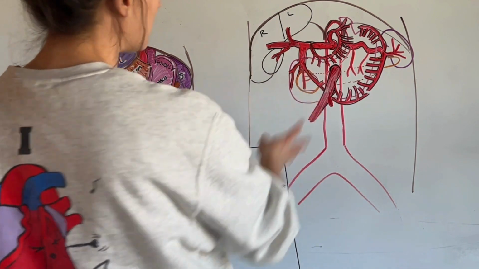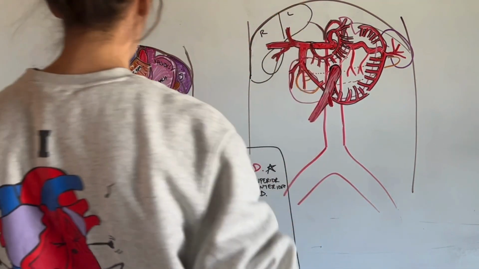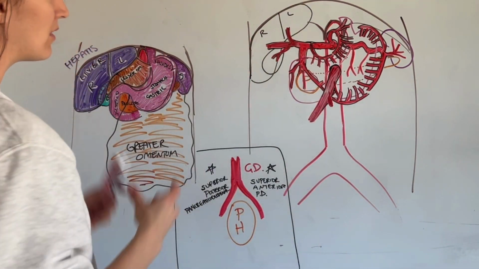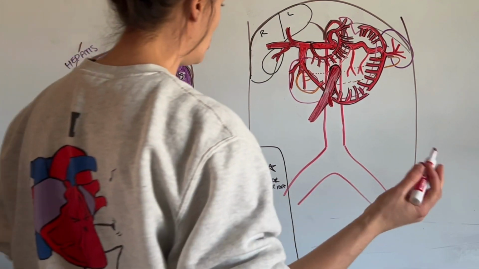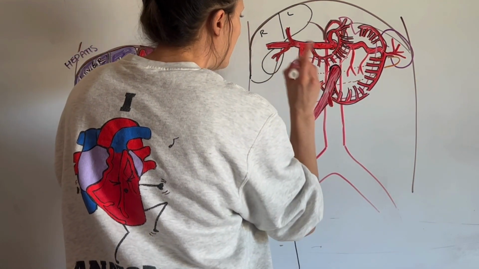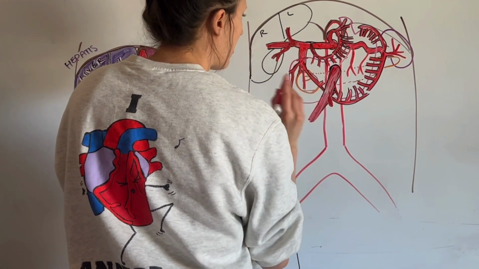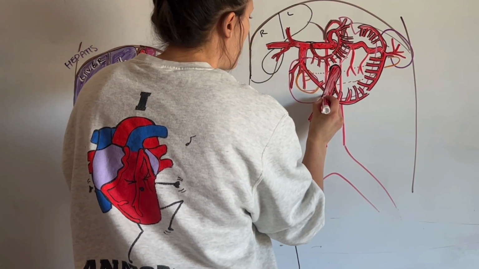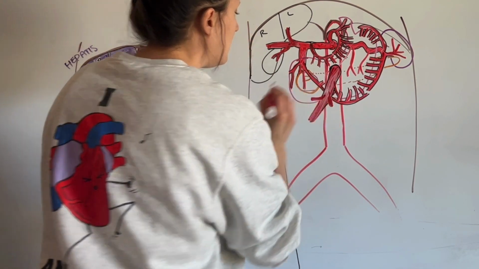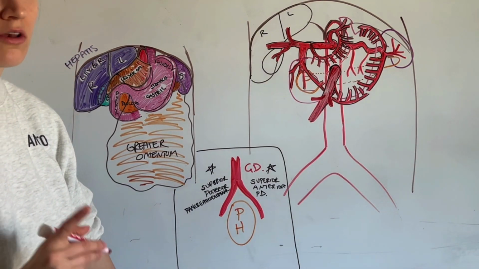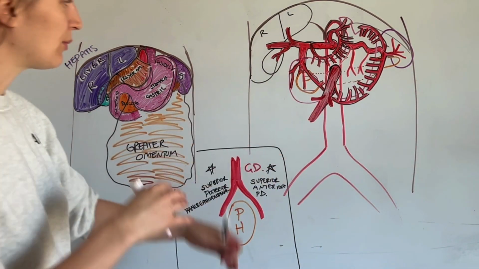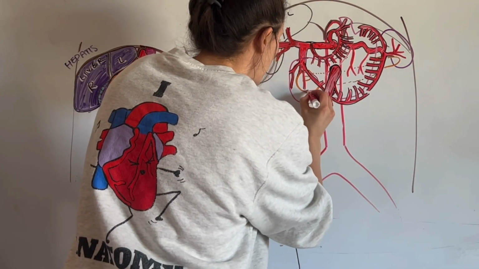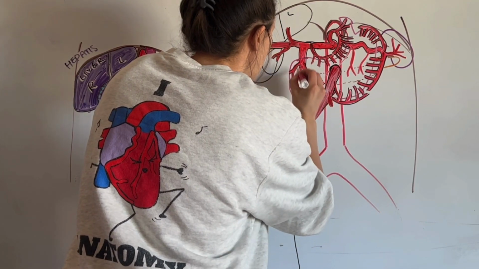It's drawn a little wonky because my organs are out of place, but I'm going to show it to you so you understand the relationship. The very first branch that comes off of our superior mesenteric artery will always be an inferior pancreaticoduodenal artery that will then split into an anterior branch and a posterior branch.